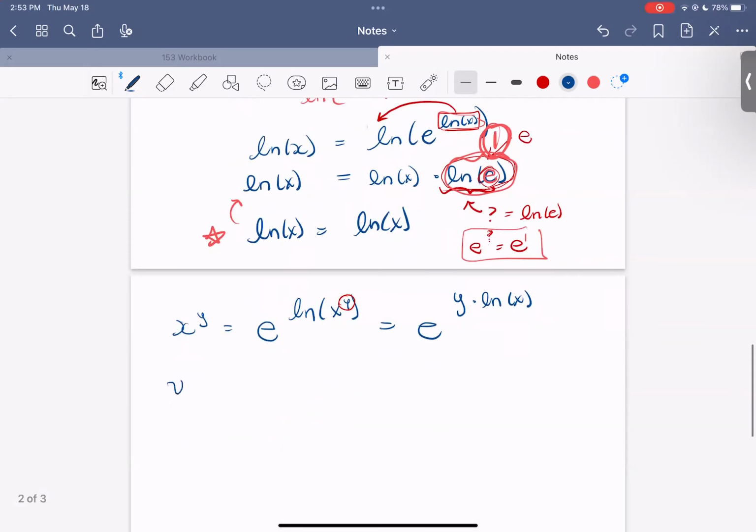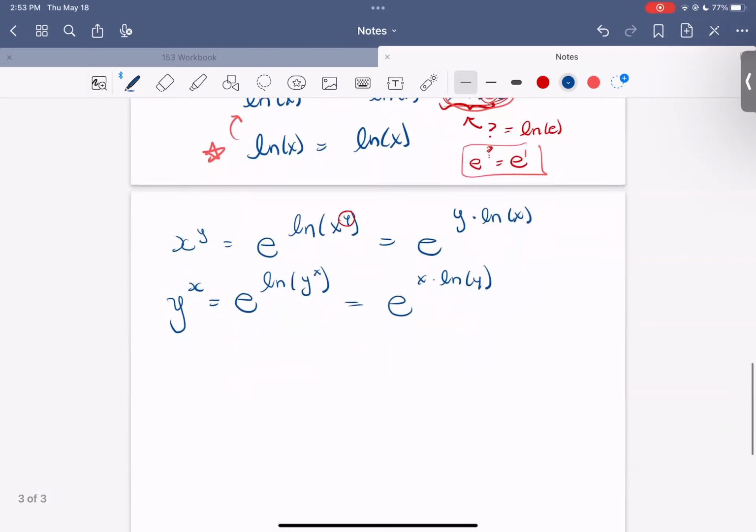And the same is true if I start with y to the x. This is equal to e to the ln of y to the x, which is equal to e to the x times ln of y.